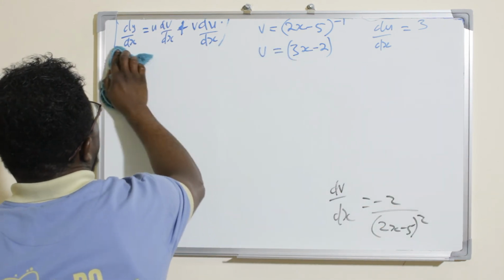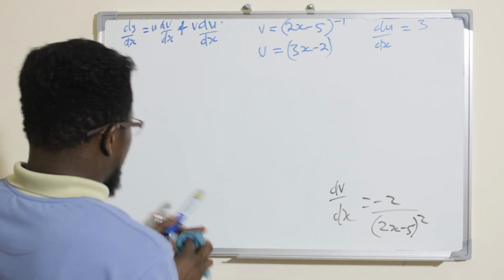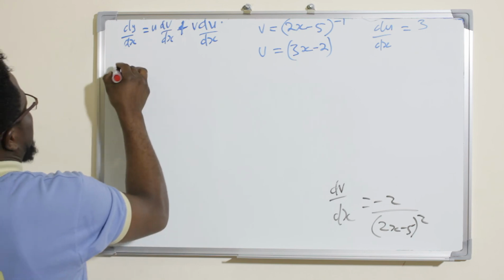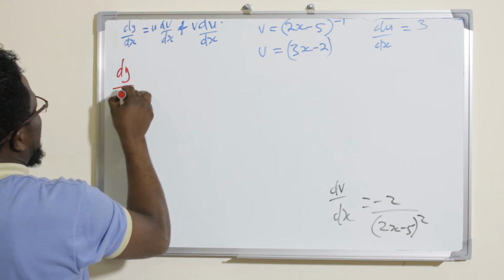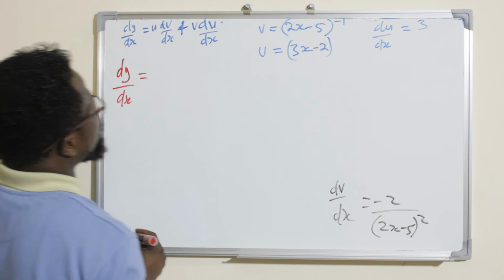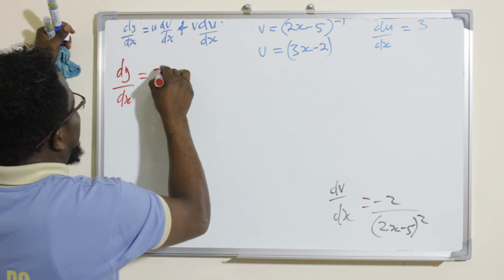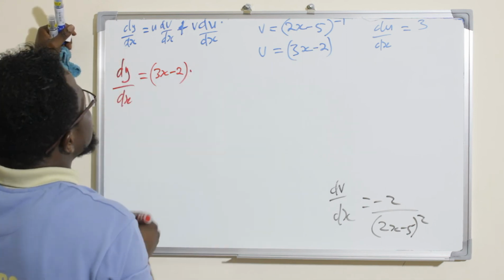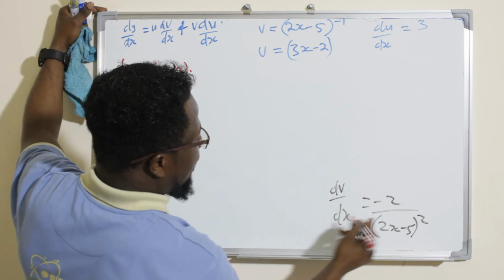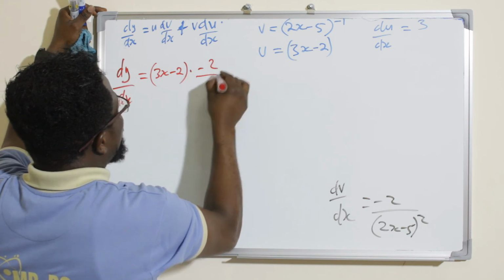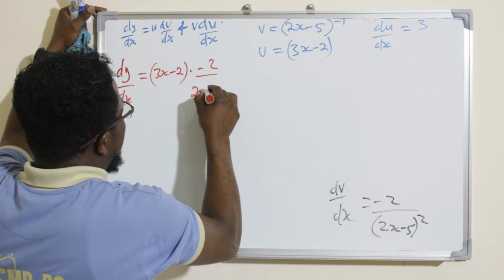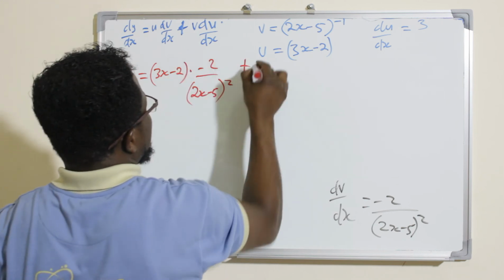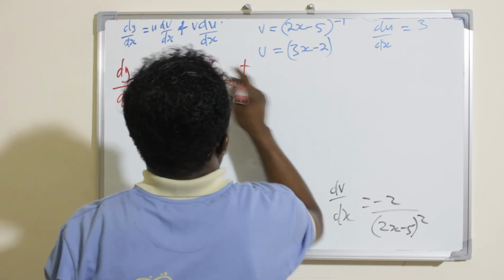Okay, so this is the formula that we are going to apply, which is the product rule. So once I have this, then I will say that the y, the x, is now equals to u, which is 3x minus 2, multiplied by the v dx, and the v dx is negative 2 over (2x minus 5) exponent 2, plus v.